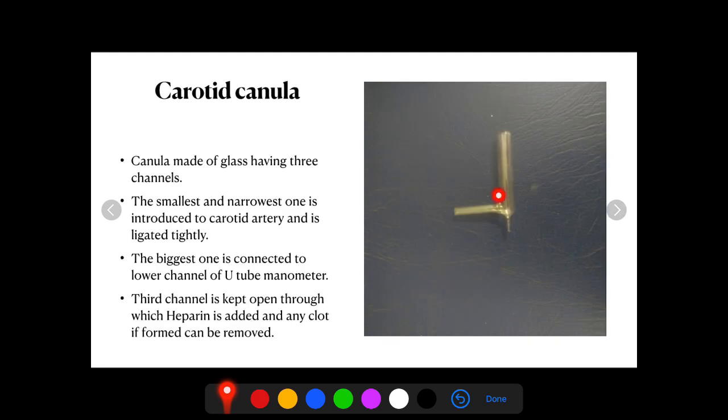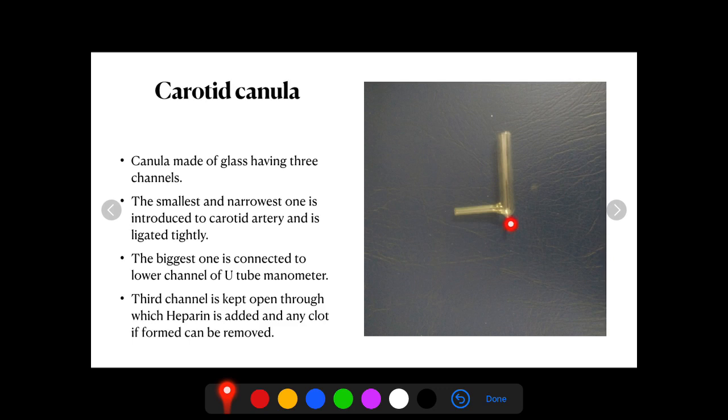Next, carotid cannula. Carotid cannula is a very important part of the instrument. Now, this is made of glass. This smallest and narrowest portion is connected to the carotid artery. A small incision is made on one carotid artery. This pointed end is introduced and is ligated tightly.